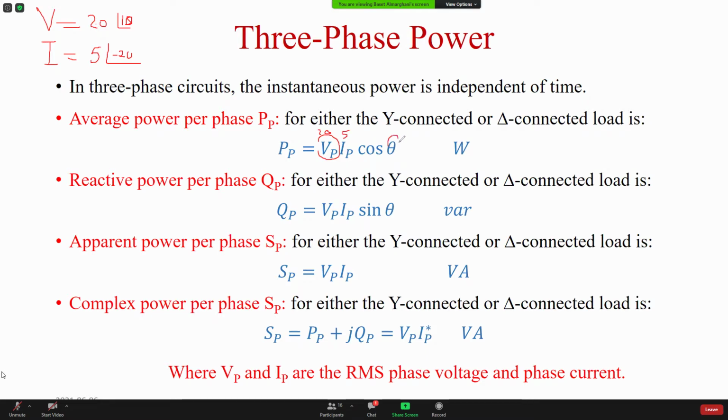Then the angle is the difference, 10 minus minus 20, 30 degrees. Okay. The RMS value cosine, this is the angle between these two, which is 10 minus minus 20. Same here, same here. When we find P and Q, we can find this one.